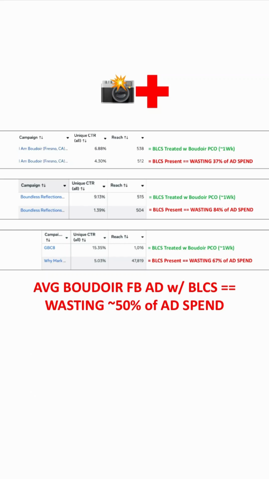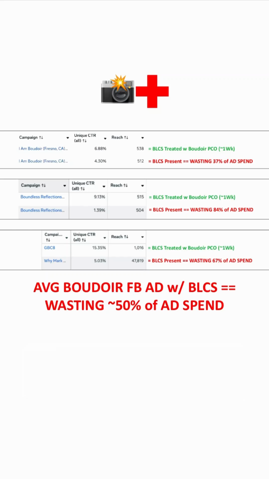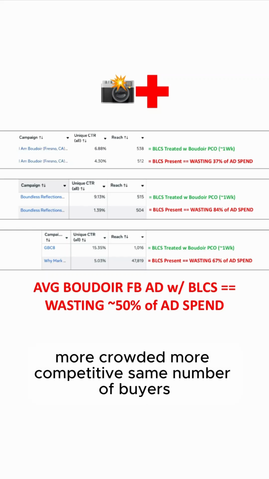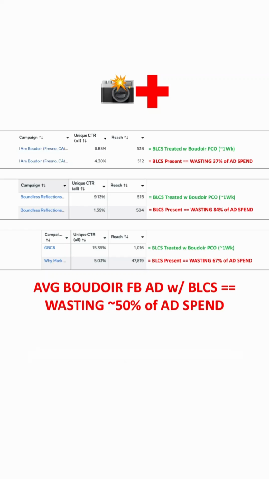So you're seeing the marketplace get more crowded, more competitive, same number of buyers but more sellers, so harder to stand out.